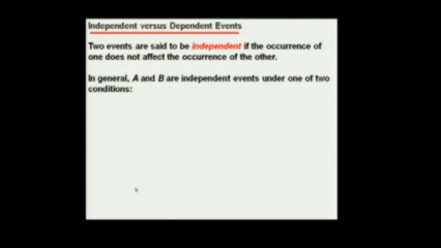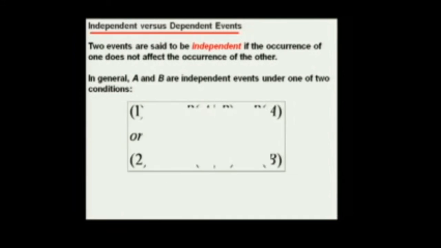We move now into the so-called independent versus dependent events. Two events are said to be independent if the occurrence of one does not affect the occurrence of the other. If you toss a coin twice, then the occurrence of head in the first toss will not affect the occurrence of another head or tail in the second toss. So that will constitute two independent events. The general rule for independent events is as follows.